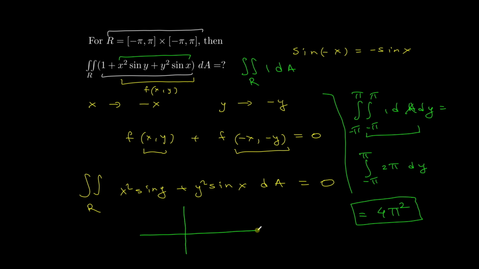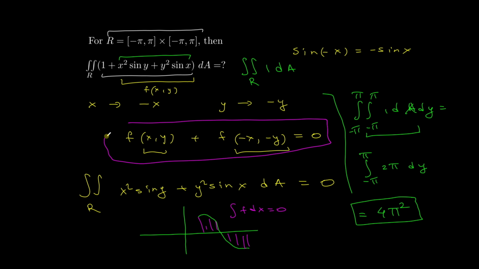In one dimension, when you have a curve like this, the area under this curve, if it is symmetric, the integral is 0, because this part will be positive, this part will be negative, and they will cancel each other and make the final result 0. So that's this idea in 2 dimensions, in 3 dimensions with surfaces.